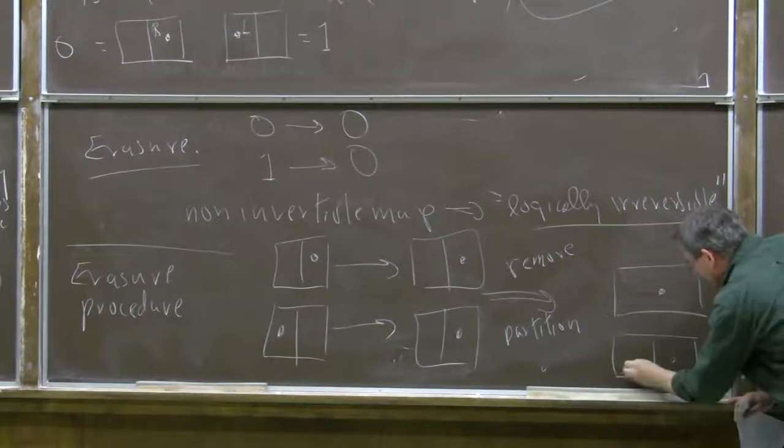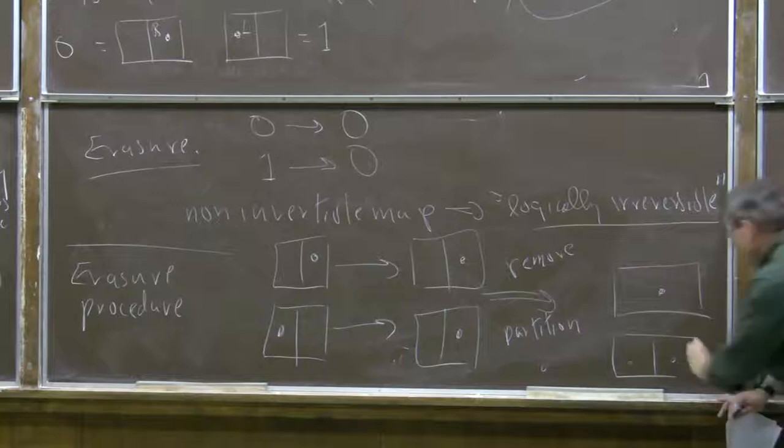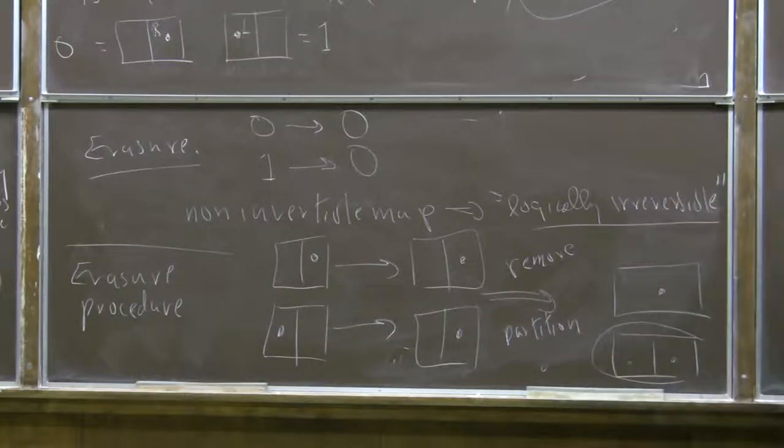It might be over here or it might be over here. Okay? So I want to do something which will make sure that it's always on the right no matter what. So what should I do? Well, what I should do is compress the gas.